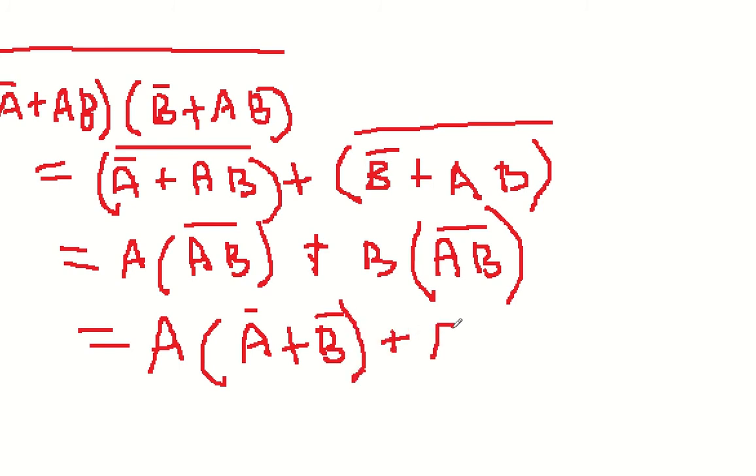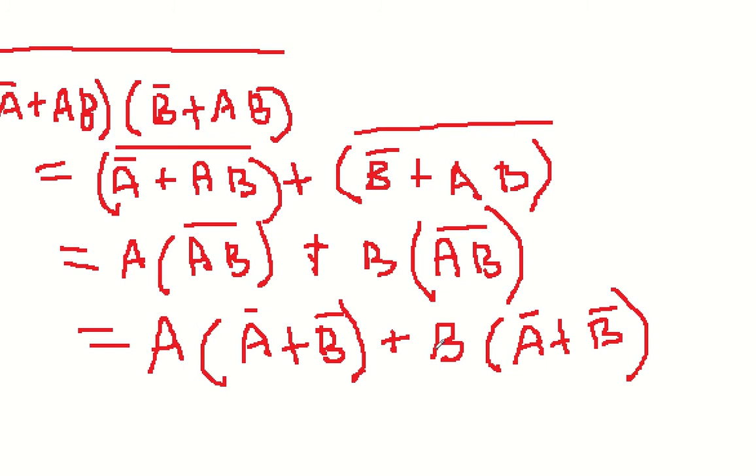Next is B into A bar, just applying the De Morgan's everywhere. There are two kinds of De Morgan's theorem. One is when you have multiplication and a complement, then it is supposed to be summation and complement above each variable.